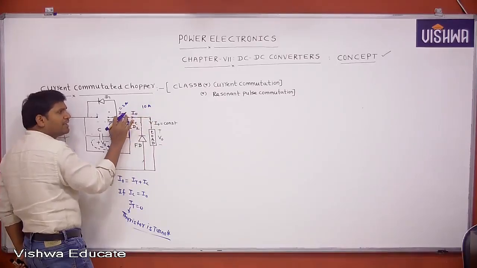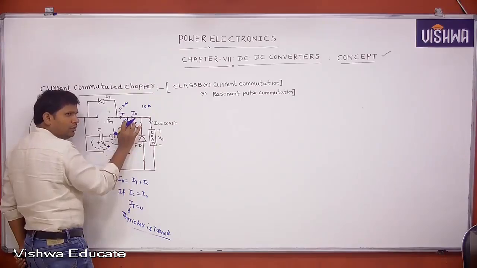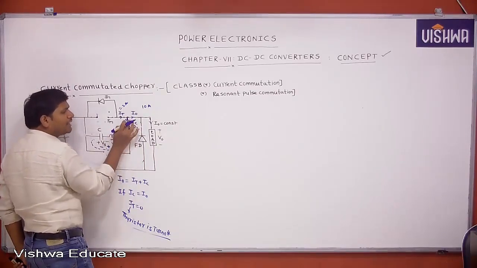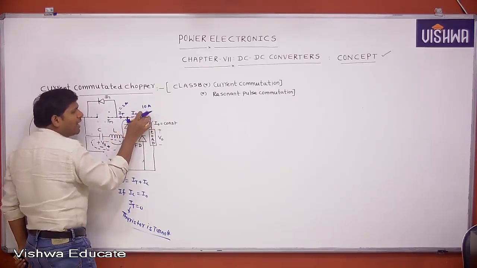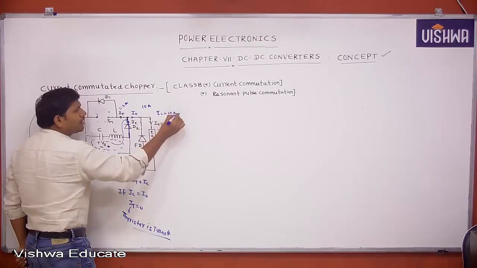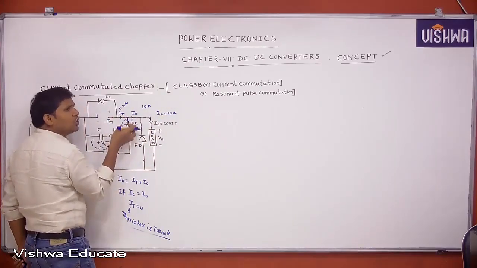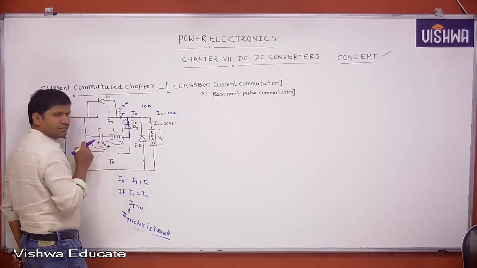Now whenever the capacitor is also discharging, that is D2 is also conducting, the total current must be equal to 10 ampere. Now IC becomes 10 ampere. Then what is IT? 0, to satisfy KCL. IT 0 means the thyristor is turned off.